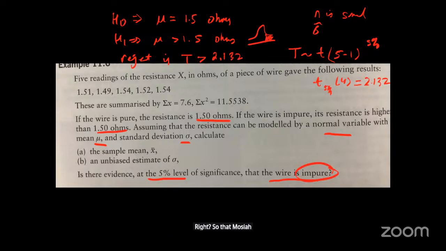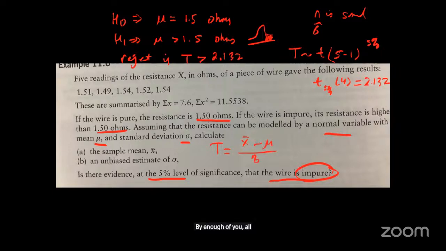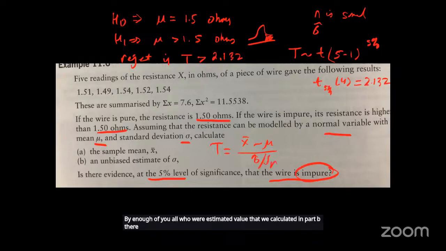We're down to step 1, 2, 3, 4, and 5. Now we're going to get the test value. So we're using T is equal to x bar, which we calculated in part A, minus mu, all over the estimated sigma hat that we calculated in part B divided by root n.